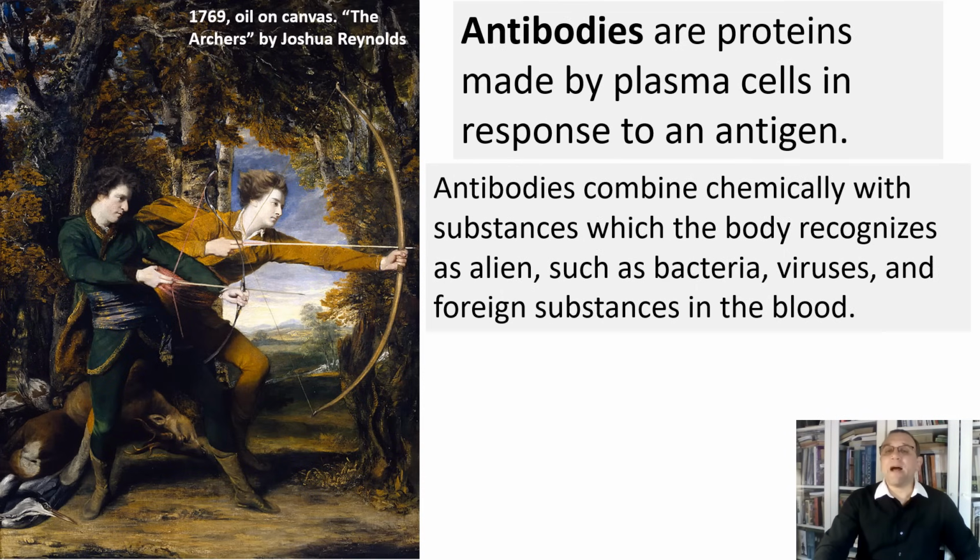Remember, the antibody is a protein made by plasma cells in response to an antigen, a substance that causes the body to make a specific immune response. Each antibody can bind only to one specific antigen. The purpose of this binding is to help destroy the antigen.